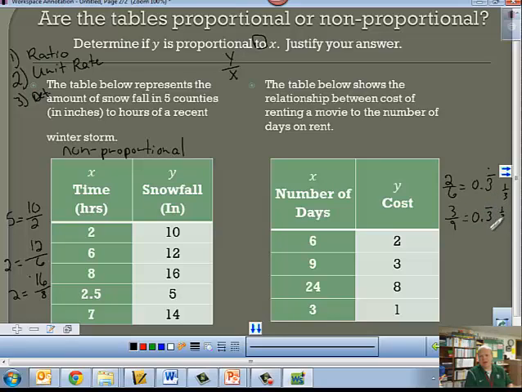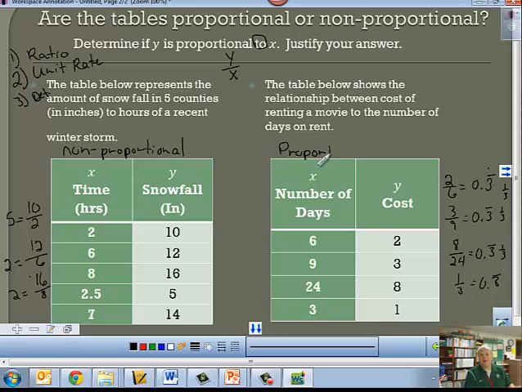If I reduce these down, they'll equal 1/3. 8 over 24 is either 0.3 with the bar repeating, or it's 1/3. So this one is proportional.